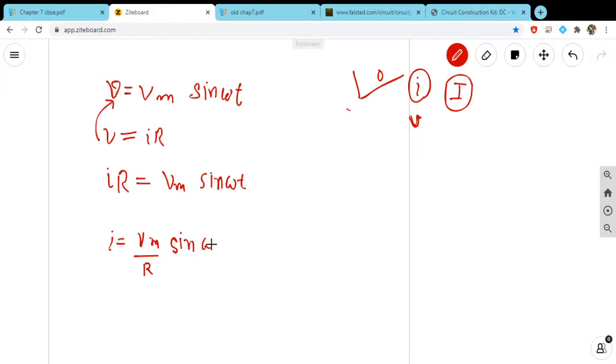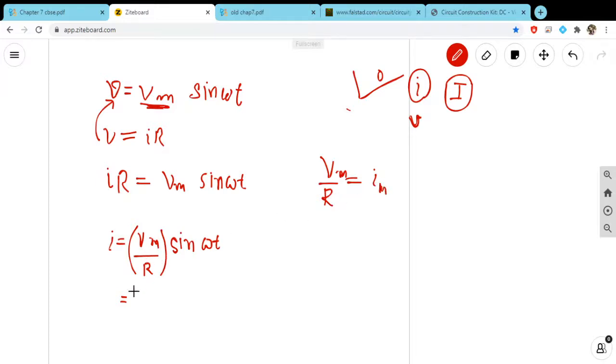Now you know that Vm was maximum voltage. So here this part Vm by R must indicate maximum current. As you know, v by R always means current, but Vm by R means maximum voltage by resistance, then it is maximum current.